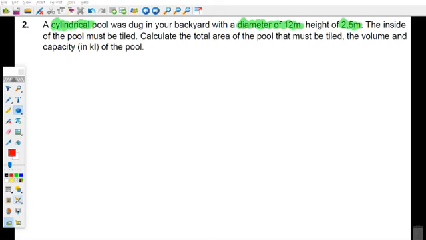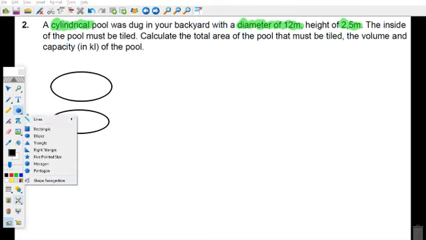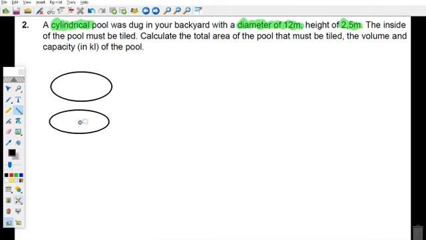Let's see if we can do that. There's it there. There's another one there at the bottom. Okay. And let's draw some lines in there. Very, very accurate pool.